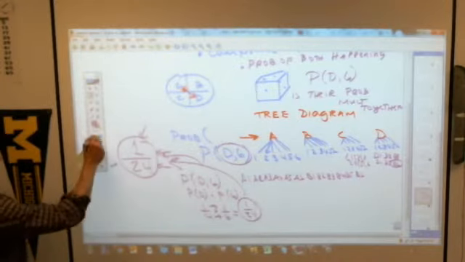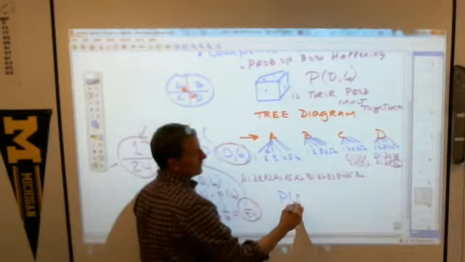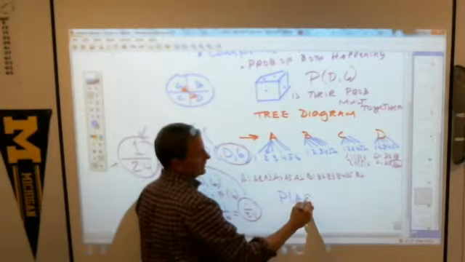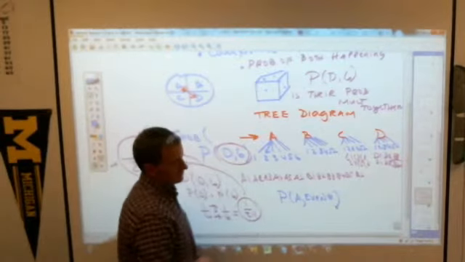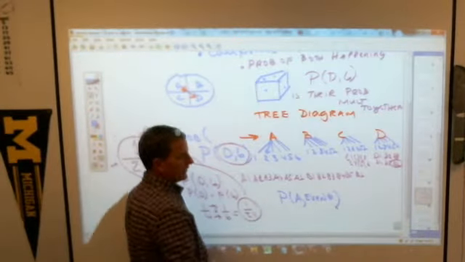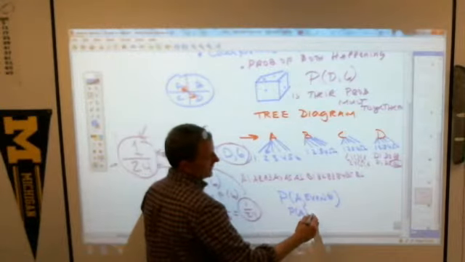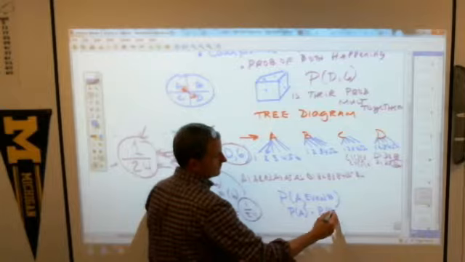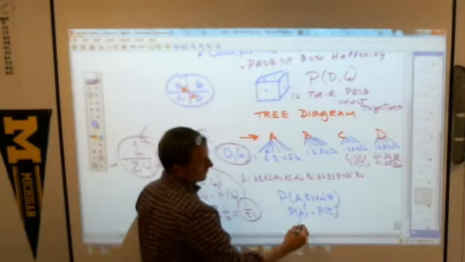Let me change that. What if I asked you this? What would be the probability of rolling an A and then getting an even number? Well, without having to draw the big tree diagram, it's the same thing as the probability of getting an A times the probability of an even number. What's the probability of getting an A? Again, 1 in 4.